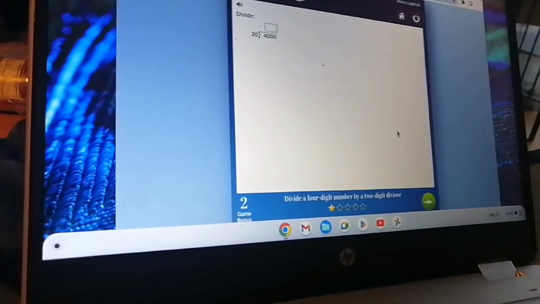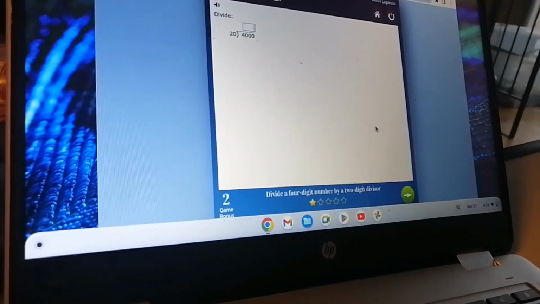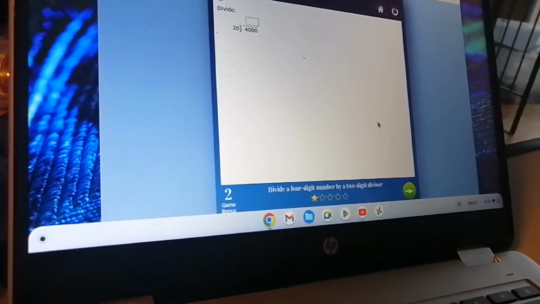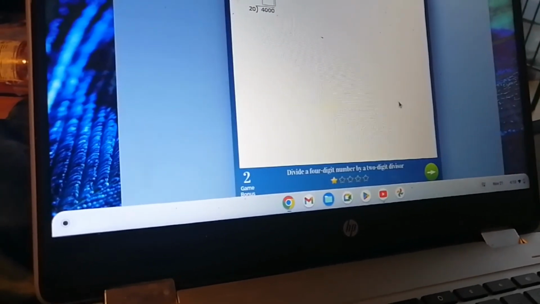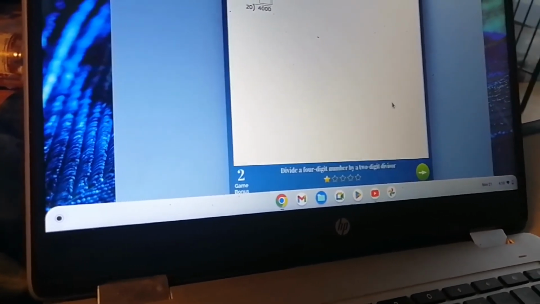All right, so onward and upward. Divide. 4,000 divided by 20 equals how much? Okay, we're going to see if you can get this yourself with no hints.